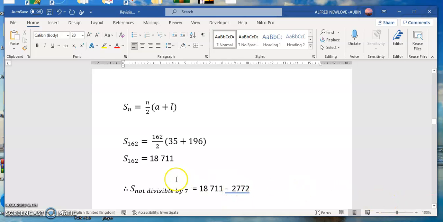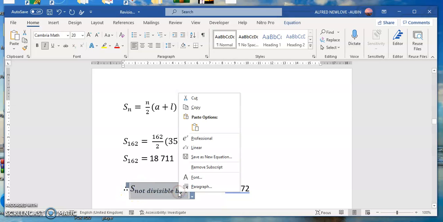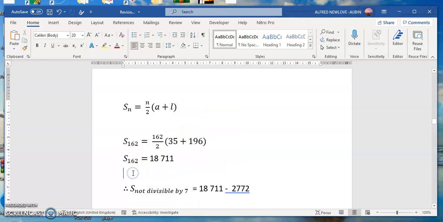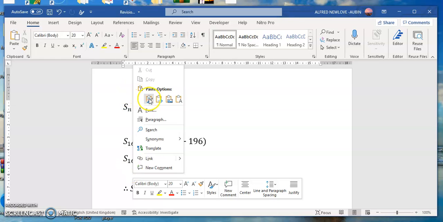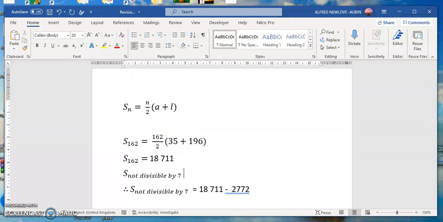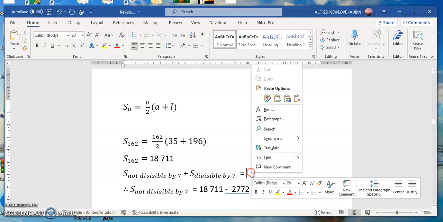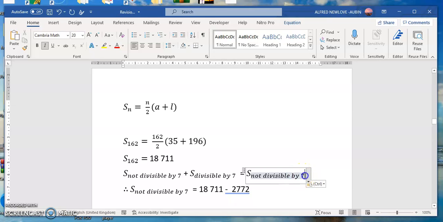Remember, the sum of numbers that are divisible by 7, let me put it here, plus the sum of numbers that are not divisible by 7, should give you the sum of all the natural numbers.